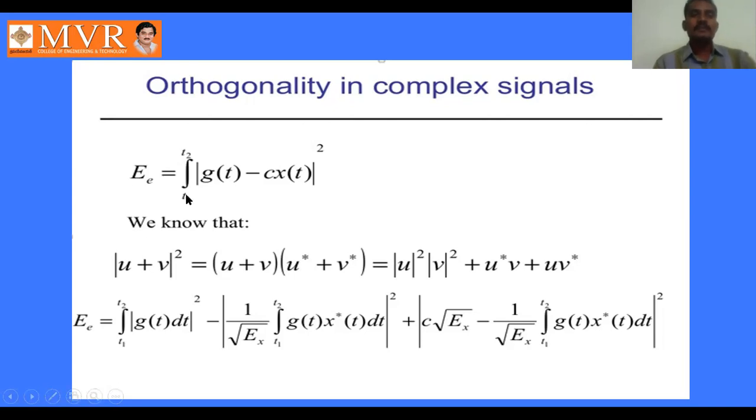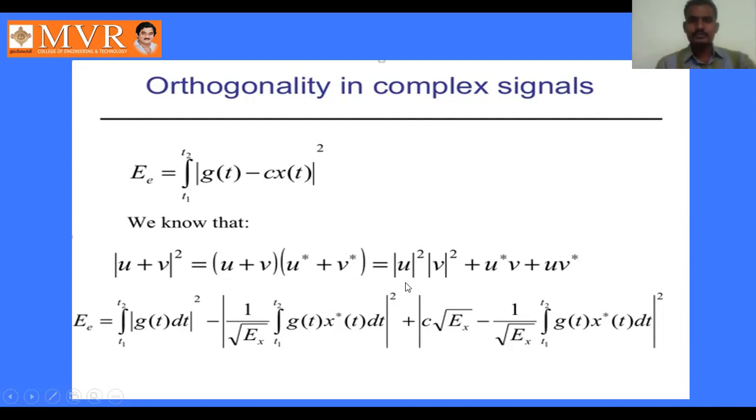So it is mathematically expressed as integral t1 to t2 mod g of t minus c into x of t whole square. We know that u plus v whole square, or u minus v whole square, is equal to u plus v into u minus v. In the same manner, for complex signals, mod u plus v whole square is equal to u plus v into u star plus v star.